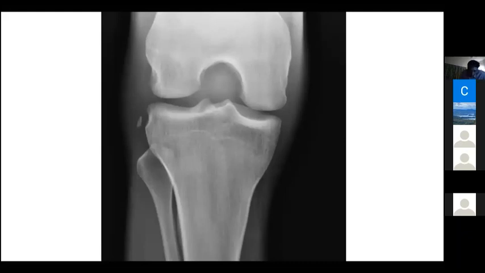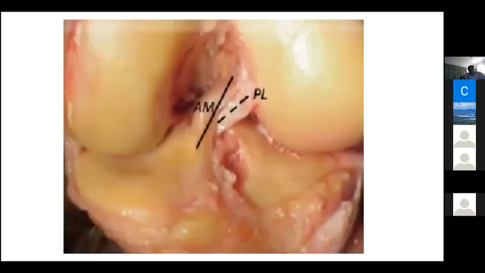How is it named? Why is it called anteromedial and why is it called posterolateral? Anterior where? Posterior where? Lateral where? Medial where? I'm not sure. Does anyone know? So that is the ACL there.